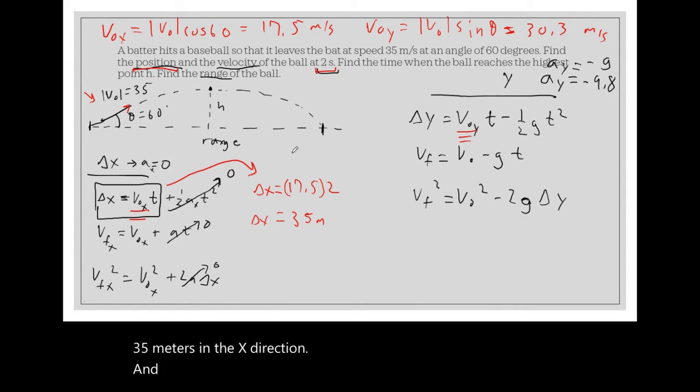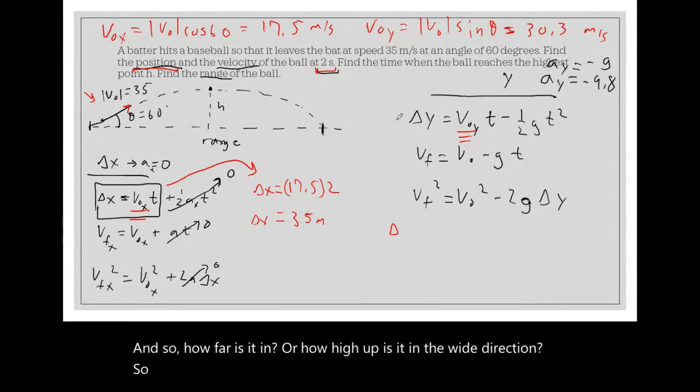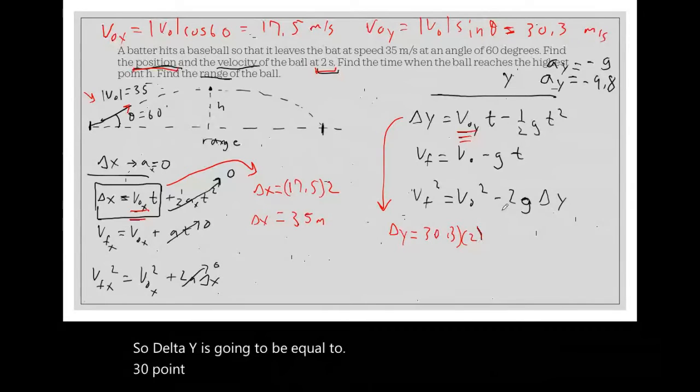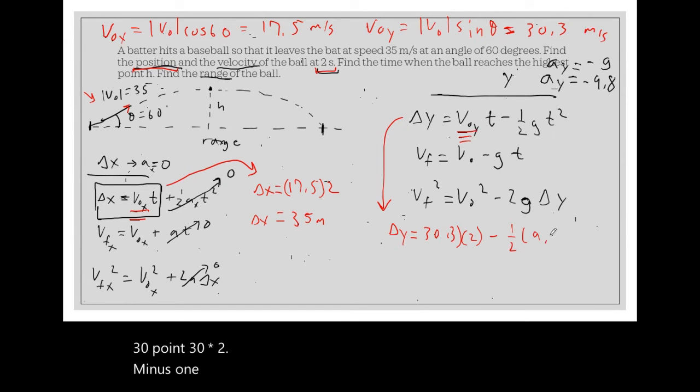And so how far is it in, or how high up is it in the y direction? So delta y, we have to use this equation. So delta y is going to be equal to 30.3 times 2 minus 1/2 times 9.8 times 2 squared.